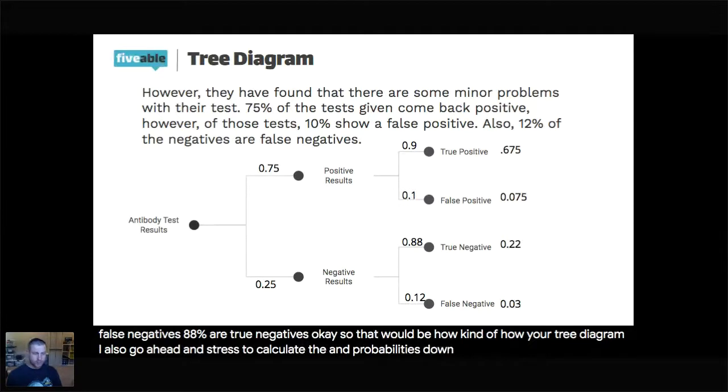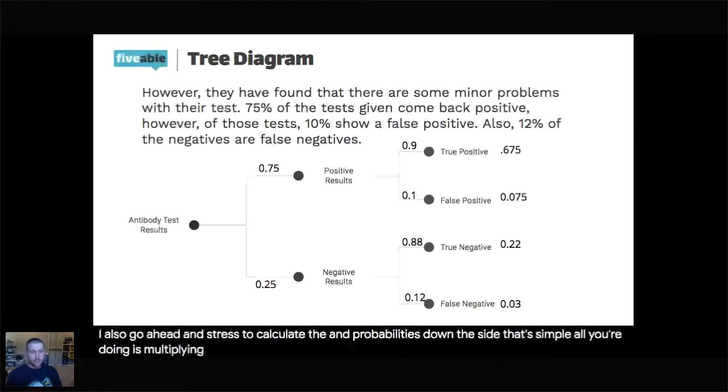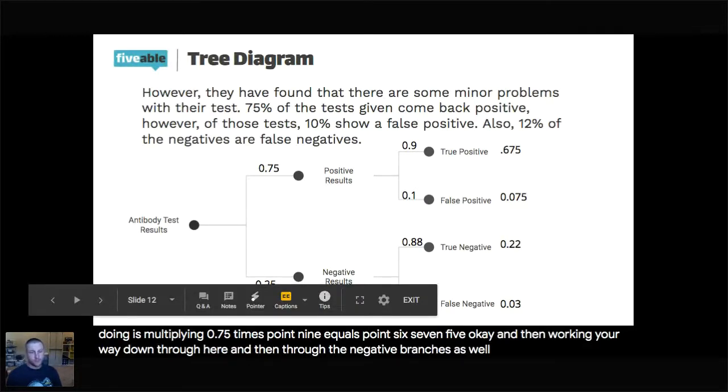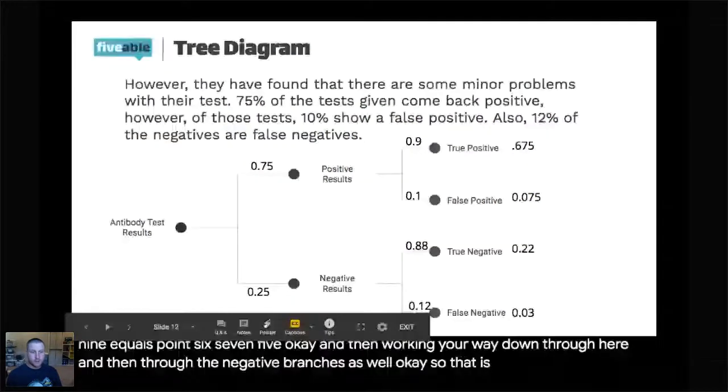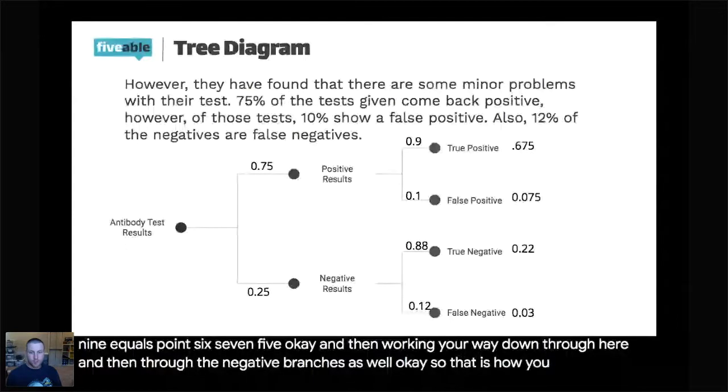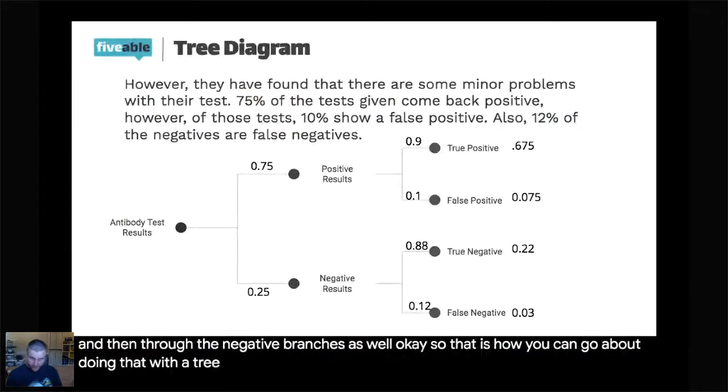That's simple. All you're doing is multiplying 0.75 times 0.9 equals 0.675. Okay, and then working your way down through here and then through the negative branches as well. So that is how you can go about doing that with a tree diagram.